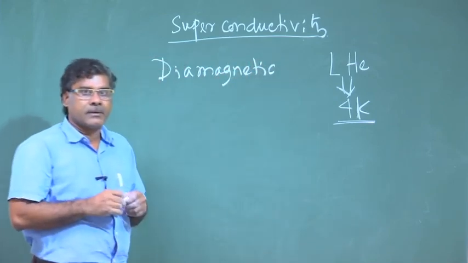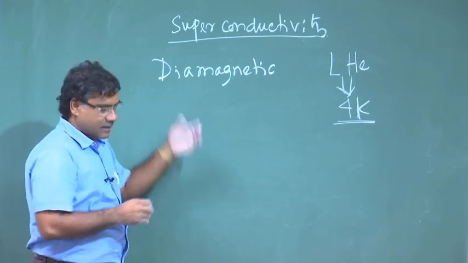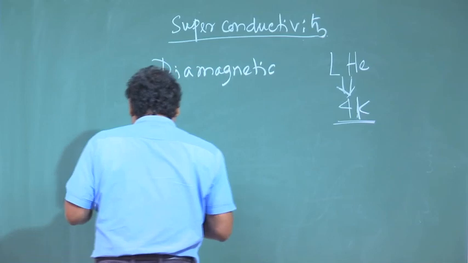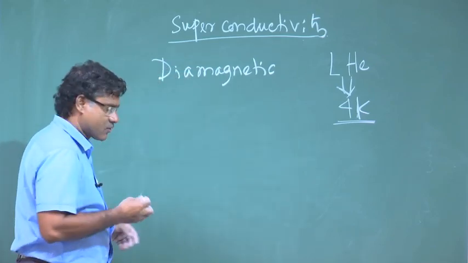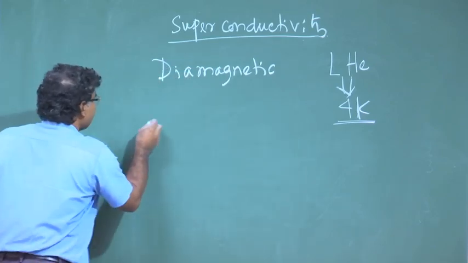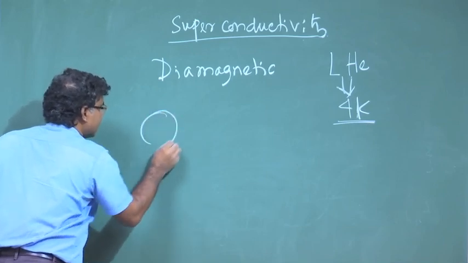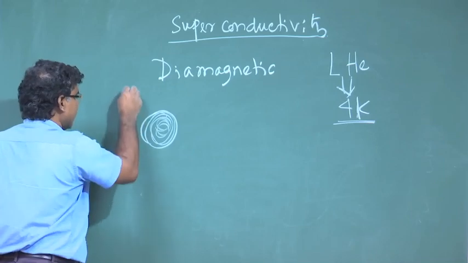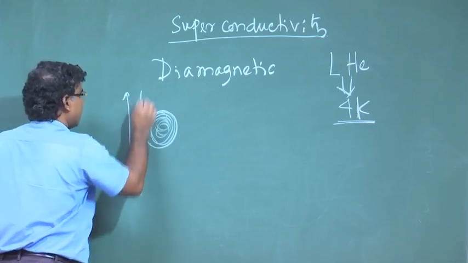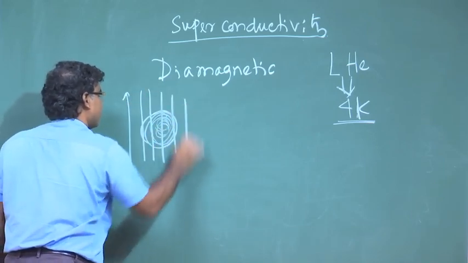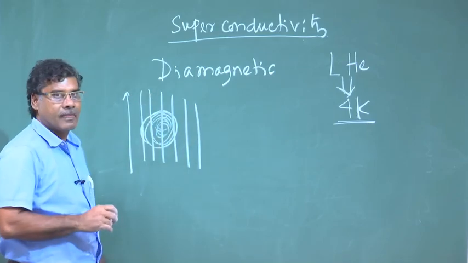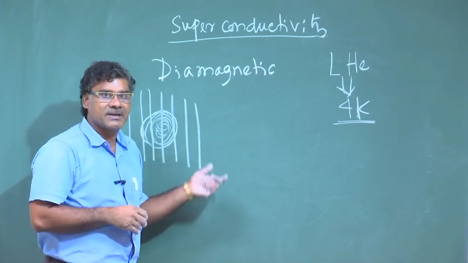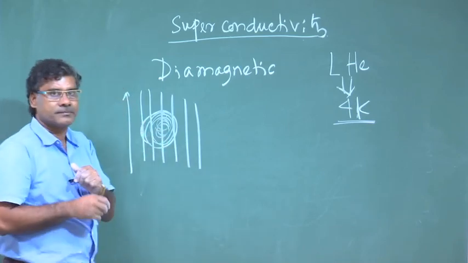Right. So, there is the Meissner effect, this very nice effect or discovery. Say you have taken a material, okay, now put it in a magnetic field. Okay. Now, you are changing the temperature of this material.